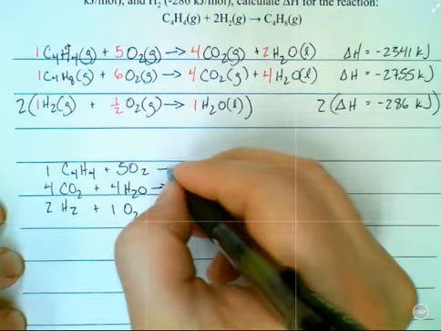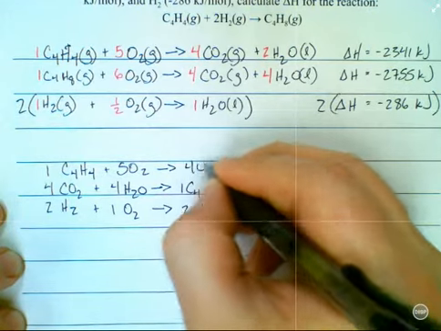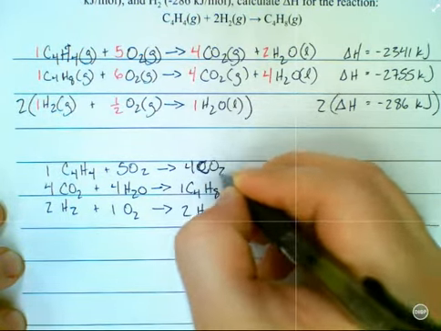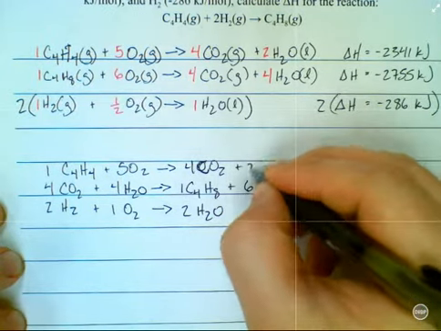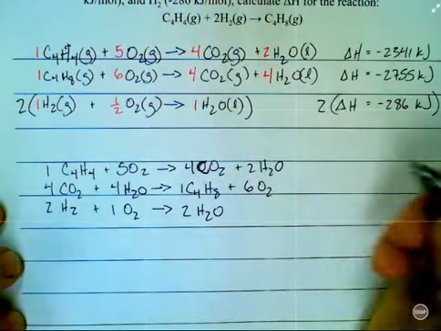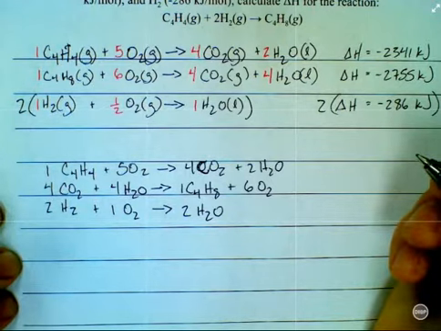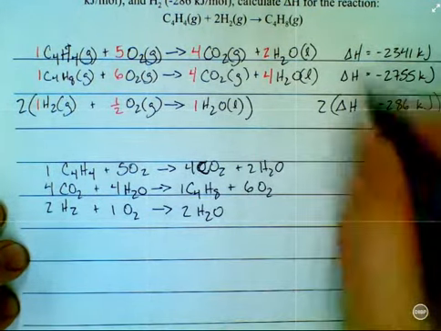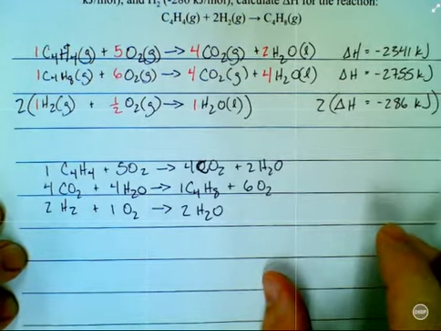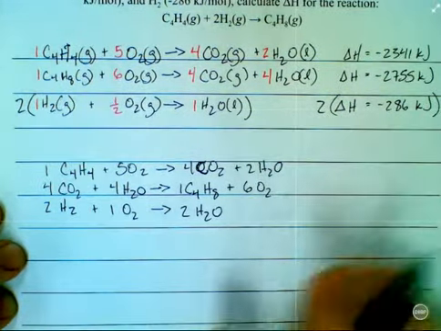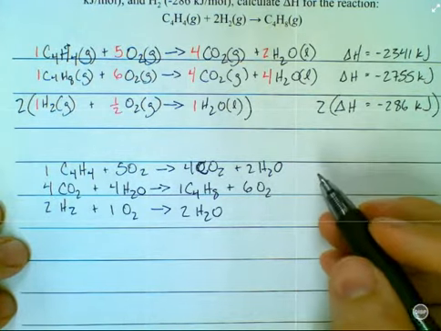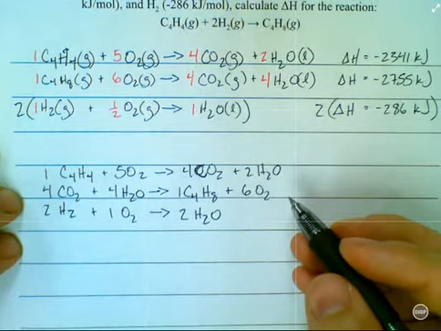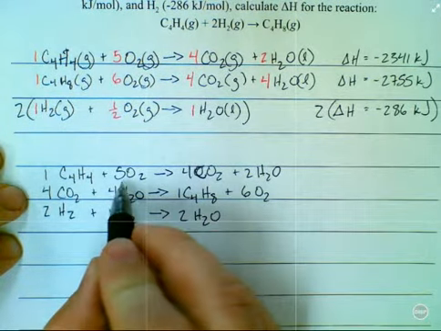CO2 plus 2 H2Os. All right, let's see here. Now, before I start worrying about my delta H's, which is what I am trying to accomplish at the end here, I want to make sure that what I want to cancel out will cancel out. Let's see. O2s.